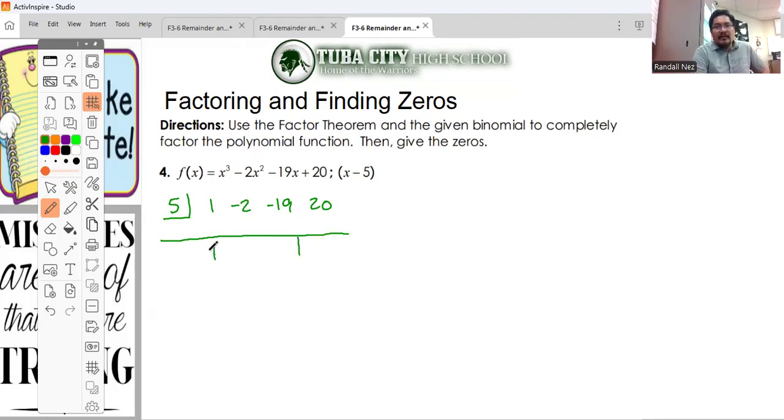So 1, bring it down. 1 times 5. 5 minus 2, which would be 3. 5 times 3 is 15. 15 minus 19 is -4. -4 times 5 is -20. And again, good, no remainder. Should mean that we got this pretty much set. Okay, and let's put the x's back on. And I like to do it here.